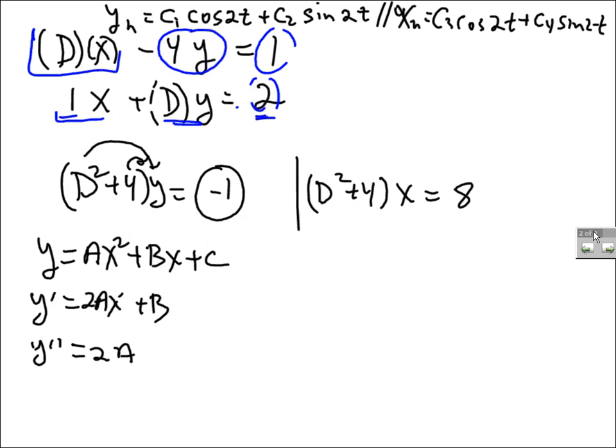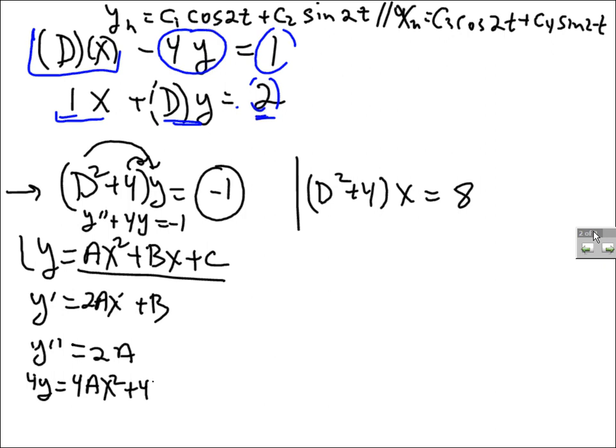Now remember, this equation here really says y double prime plus 4y is negative 1. So I have y double prime on the last line, and I'll put down 4 times y. So I just multiply this by 4, and I'll get 4ax squared plus 4bx plus 4c. Now, I'll add these two. When I add the left side, believe it or not, I get negative 1.